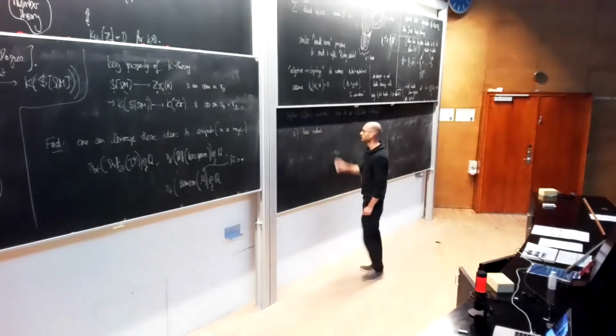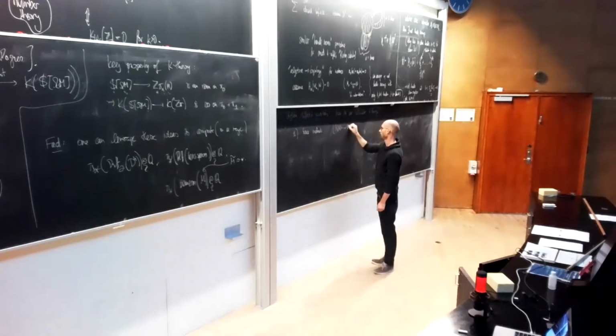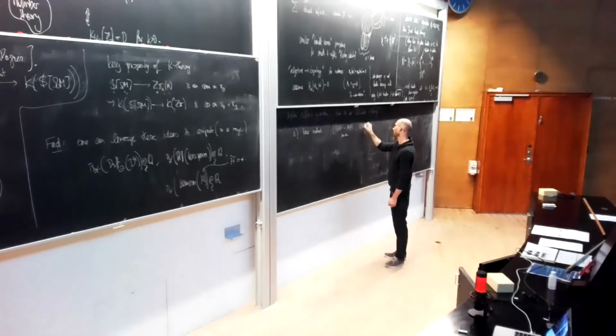Trace methods say something like there is a map from the K-theory of a ring to a gadget that can be really constructed. There is a kind of Chern character, or there's a cyclotomic trace.